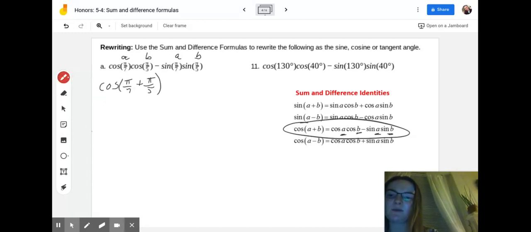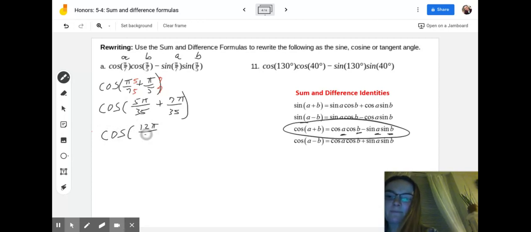I'll multiply this one by 5 over 5, and this one by 7 over 7. So I get 5 pi over 35 plus 7 pi over 35, which is 12 pi over 35. So this is the same as cosine of 12 pi over 35.